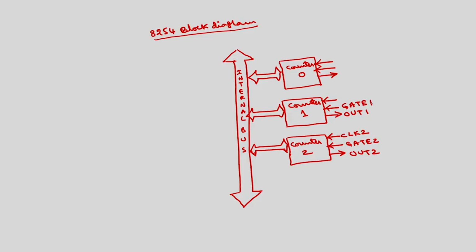We will discuss the different modes, and we will discuss the functions of each of these signals. Out 0, gate 0, clock 0. There will be a data bus transfer, the 8-bit data bus, as I have told, D7 to D0.